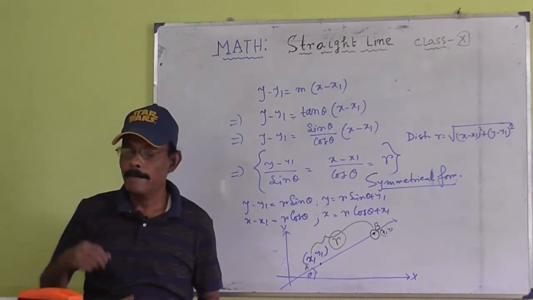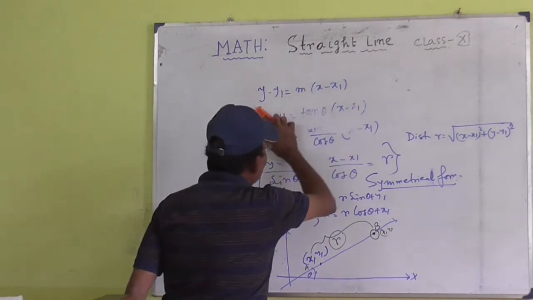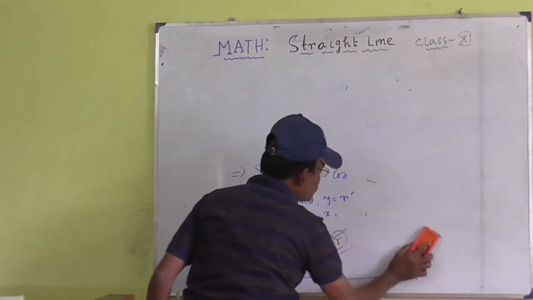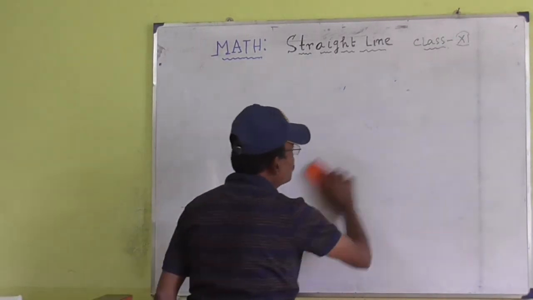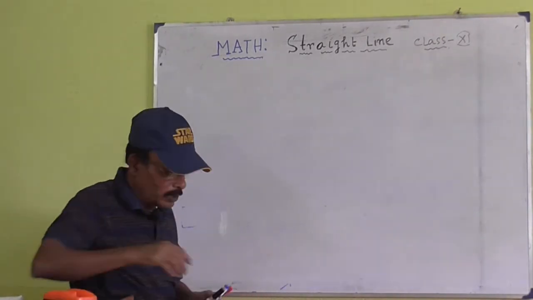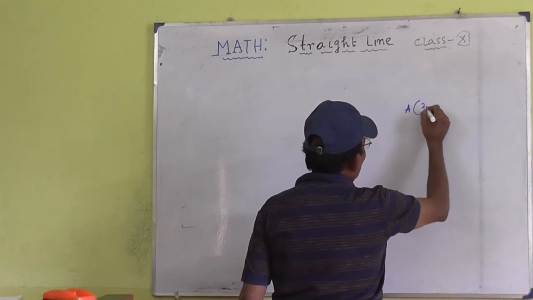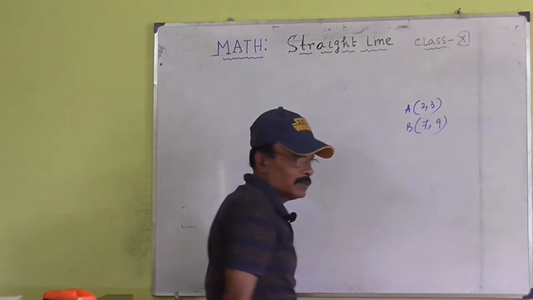Now, I will write the two points form. What is the two points form? The straight line is passing through two given points. Two given points means x1, y1 and x2, y2. Let us take A (2, 3) and B (7, 9), two given points.